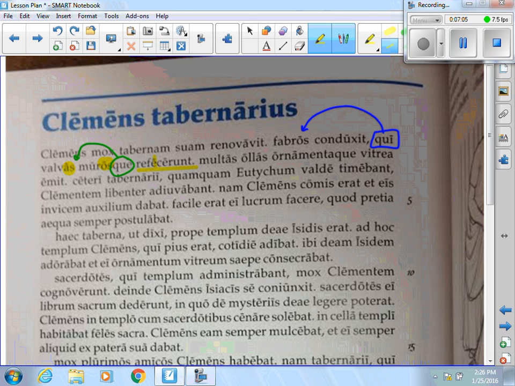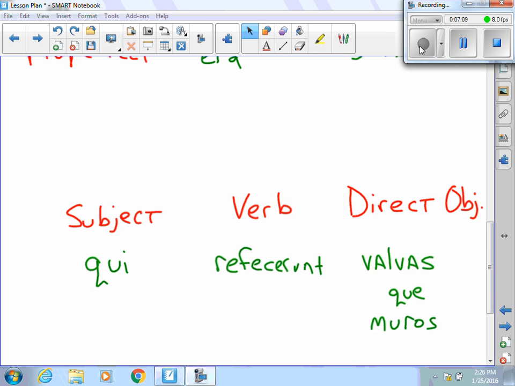So, in this sentence, I have the subject, which is translated as who. I have the verb, which is translated as rebuilt or redid. And then I have my two direct objects, which are the doors and the walls.